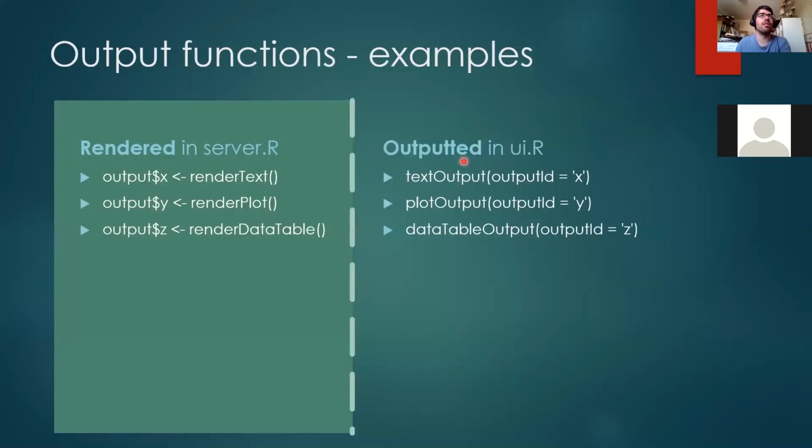And the same for the output, you assign this to output$X in server, which will then do output ID X in the user interface. We'll look at that in a bit more detail in a wee second. But that's how you're passing things to and fro. You create the plot you want to render as a plot, send it to the output, and then the output file will output it here.